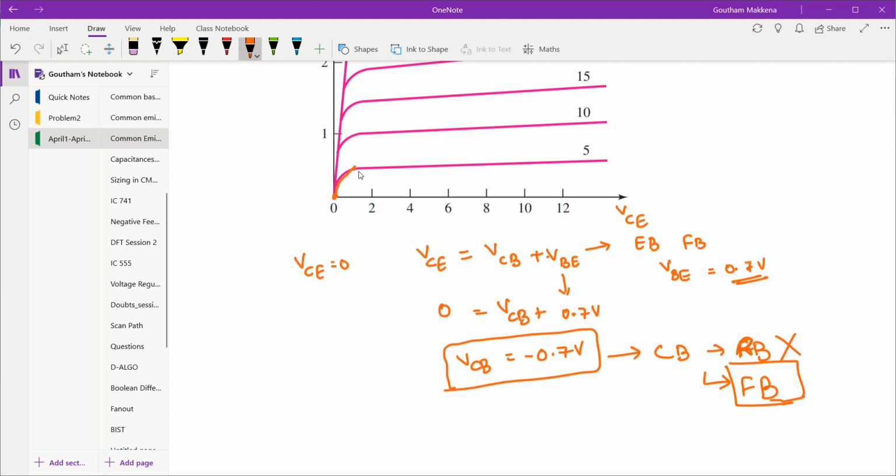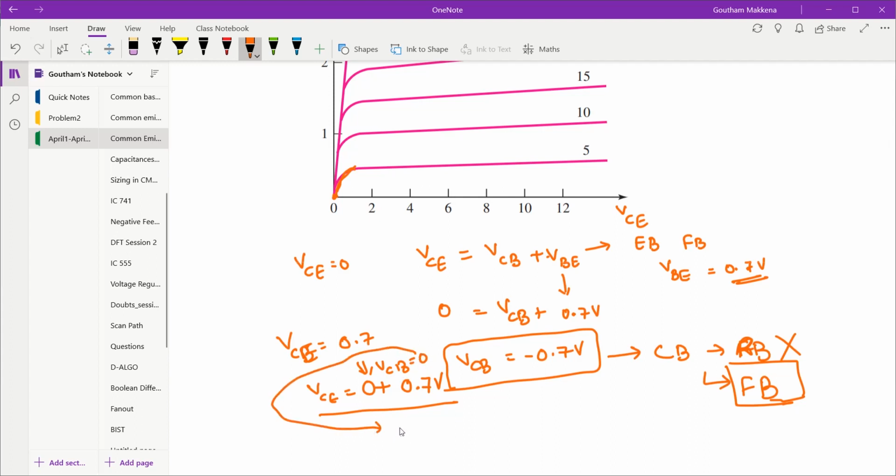When the output voltage VCE is equal to 0.7, VC, that is VCB, becomes 0, since VB is a constant 0.7 volts. So VCB is 0, and that is when your collector base junction is reverse biased again.